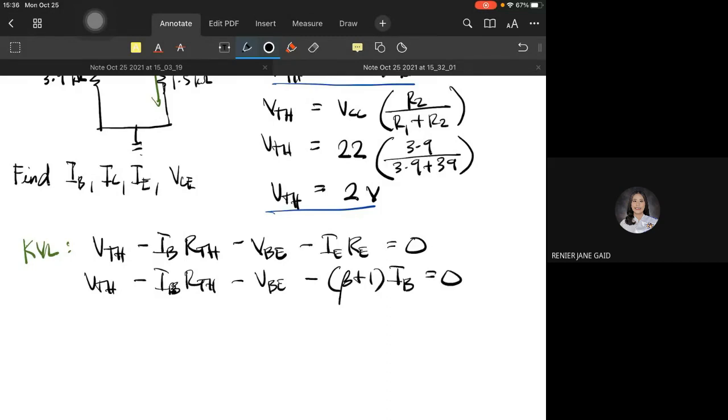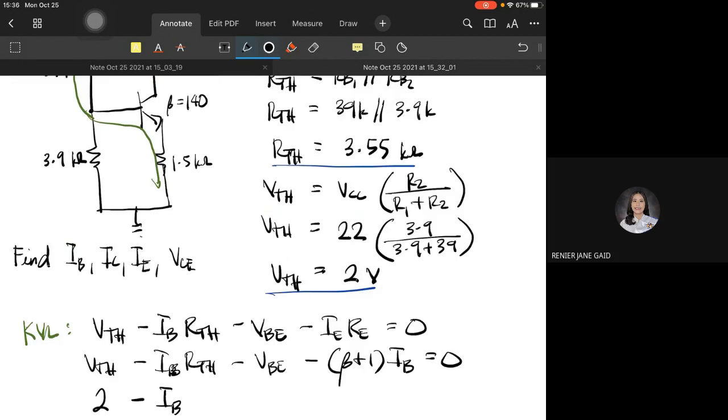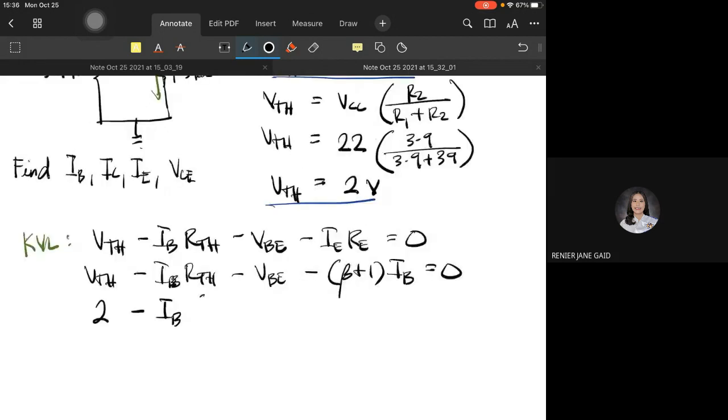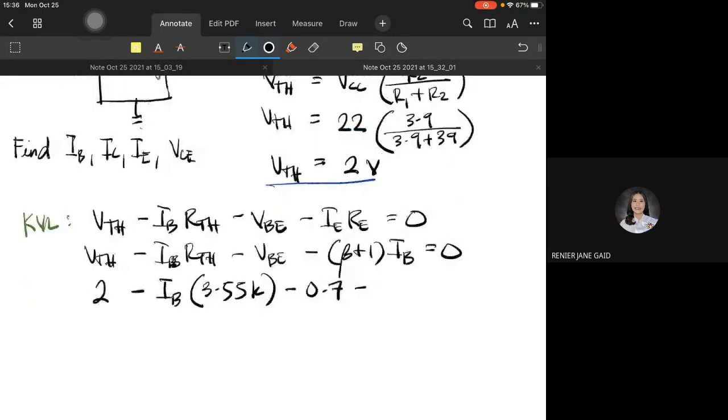One equation, one unknown. 2 minus IB times 3.55K minus 0.7, and beta is 140, so 141 IB.